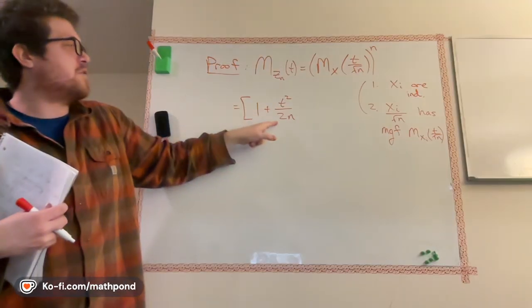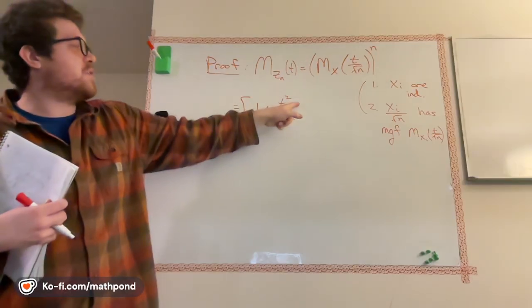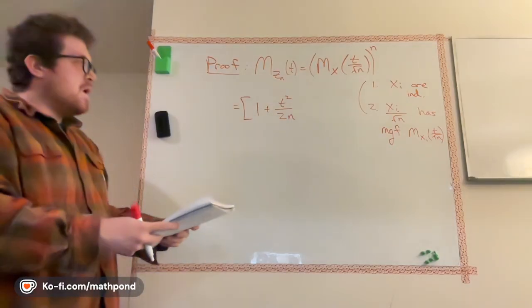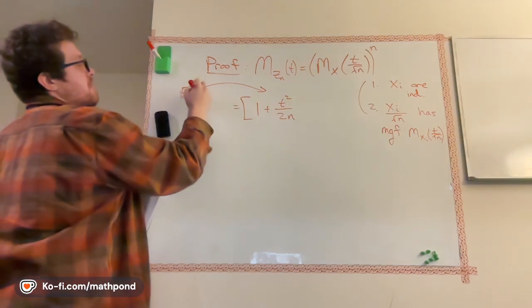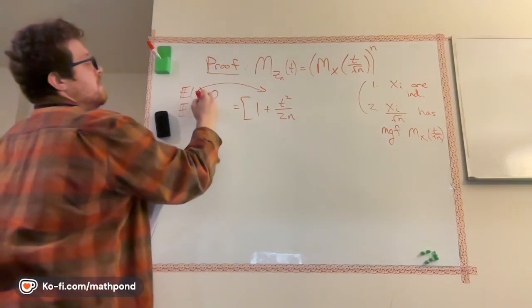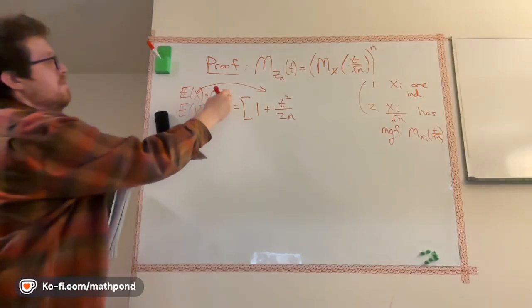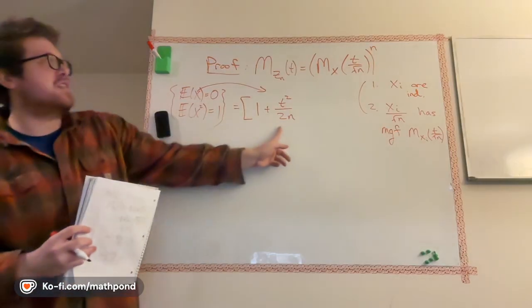So we have a 1/2 term from the Taylor series, and then we're plugging in t over square root of n, but it gets squared, so we get t squared over n. So this comes from the fact that the expected value of x is 0, and the expected value of x squared is 1. That's why we can say this.